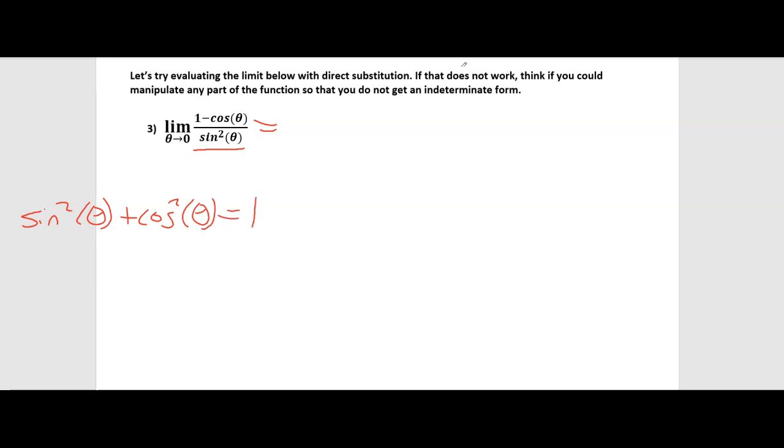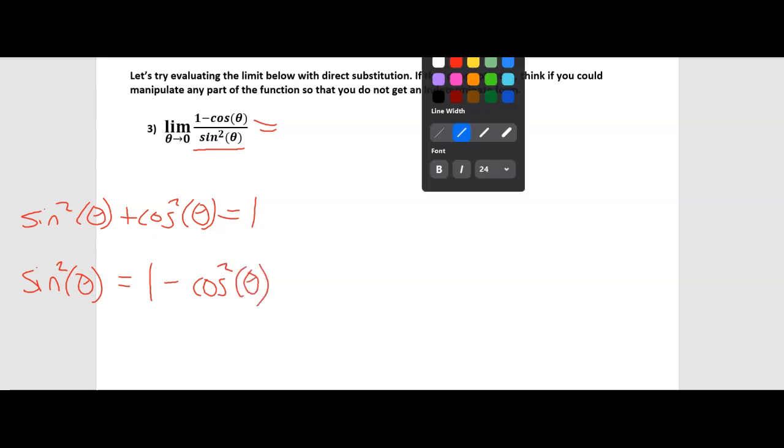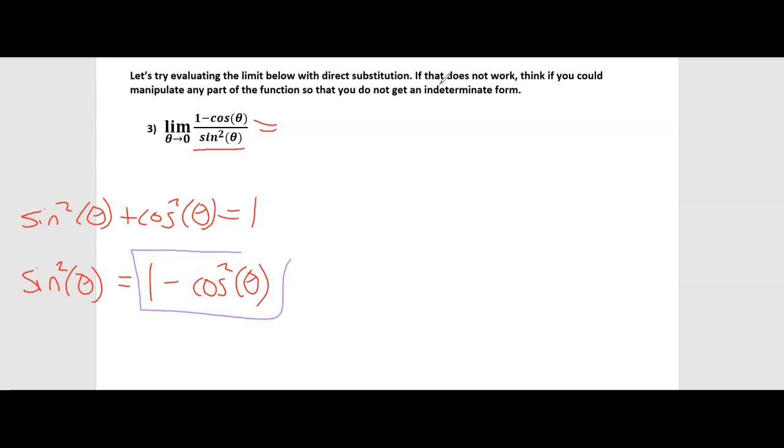If I can isolate the sine squared of theta, well, then I could make a substitution, right? So sine squared of theta, if I subtract cosine squared from both sides, I get 1 minus cosine squared of theta. And I can take this right here and substitute it in for my sine squared of theta.